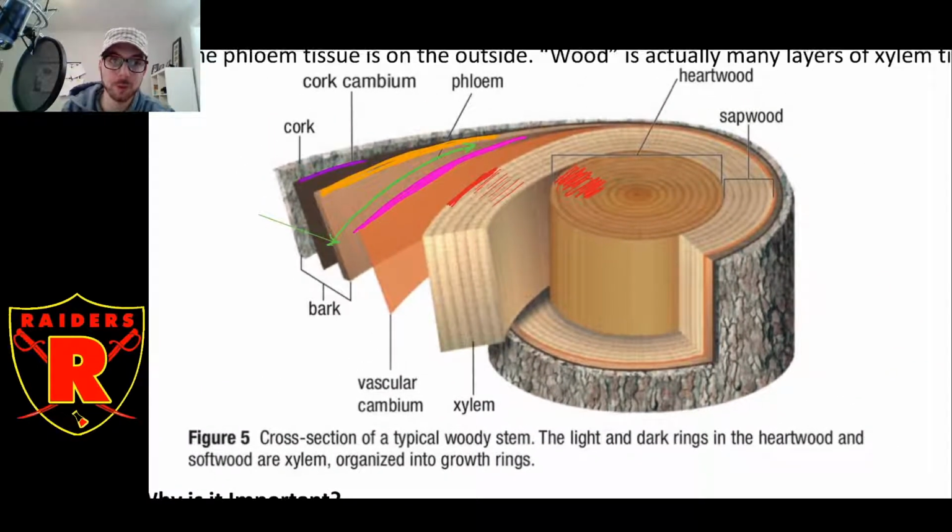The same thing is true, by the way. Sometimes you'll see people cut the outside of a tree for whatever purpose. It's not such a big deal. For example, if you're collecting sap for the purposes of making maple syrup, you're only cutting a little bit of phloem, not a huge amount, and so that can grow back.